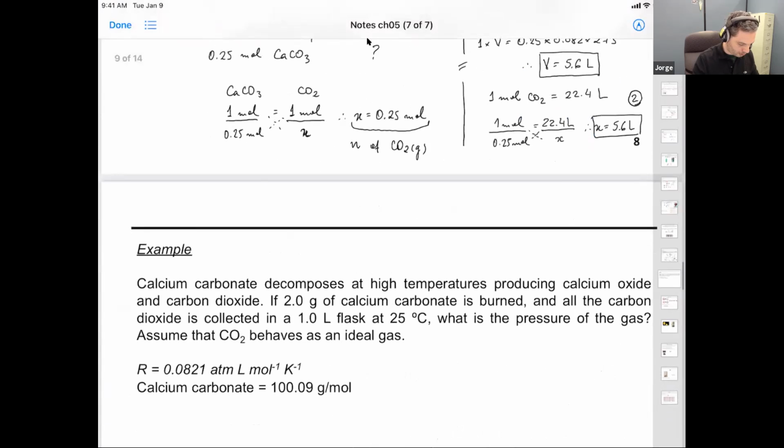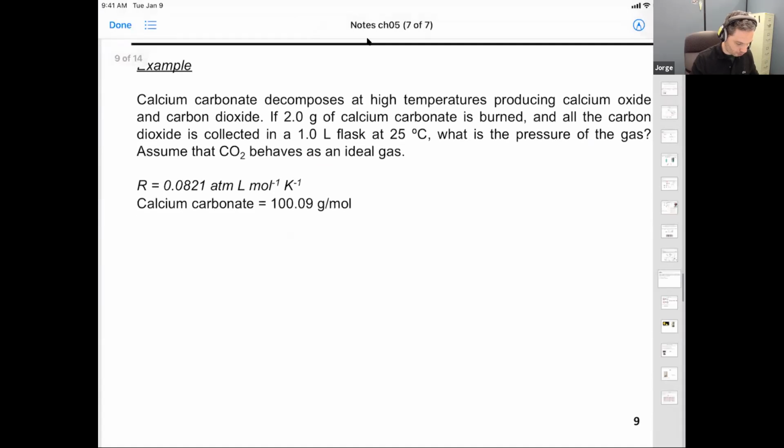Okay, so we don't have time to go over the second example today. So what I'm going to do is give you the answer, and then on Monday we will do it together. The second example is, again, the calcium carbonate decomposition, producing the same products, calcium oxide and carbon dioxide.